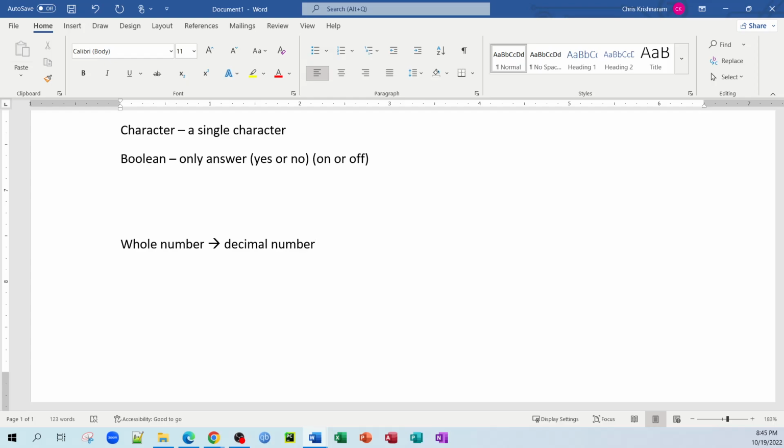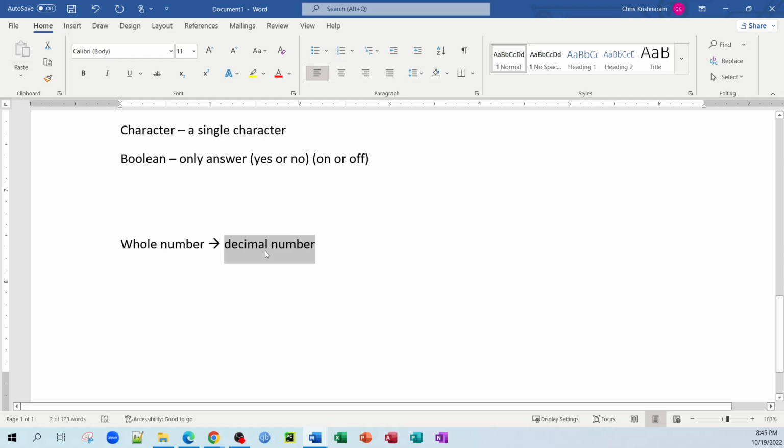So we're talking about the way we represent whole numbers and decimal numbers. Can you take a whole number and represent it the same way as a decimal number? Can that work? Will it be the same value?